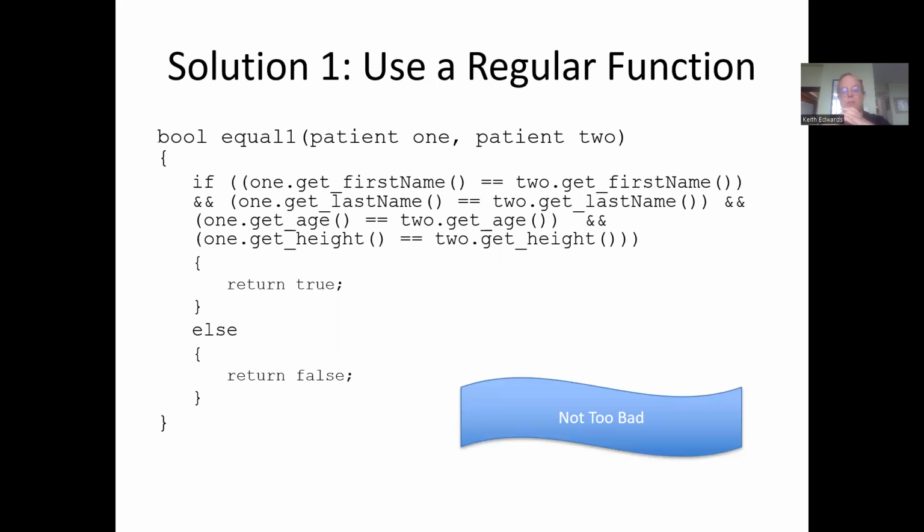If 1.get first name is equal to 2.get first name and 1.get last name is equal to 2.get last name, etc., then we return true. Otherwise, we return false. This isn't too bad, but it's a lot of accessor functions, and in any case, we're going to have a lot of comparisons for equality.